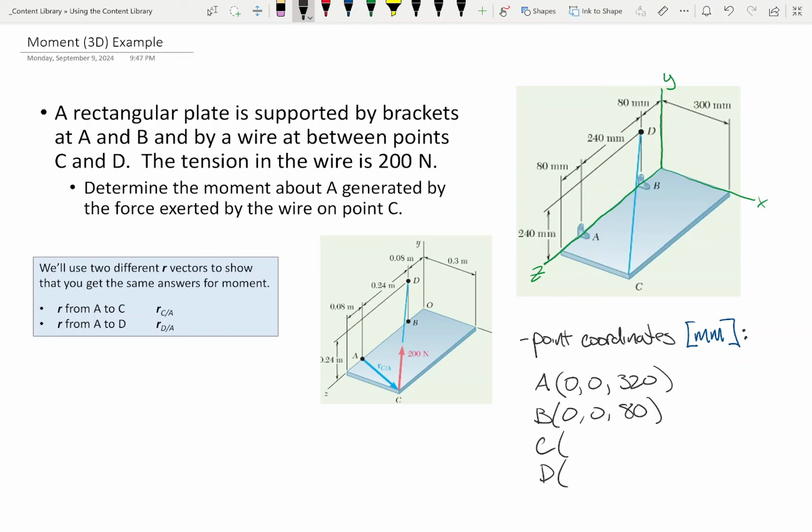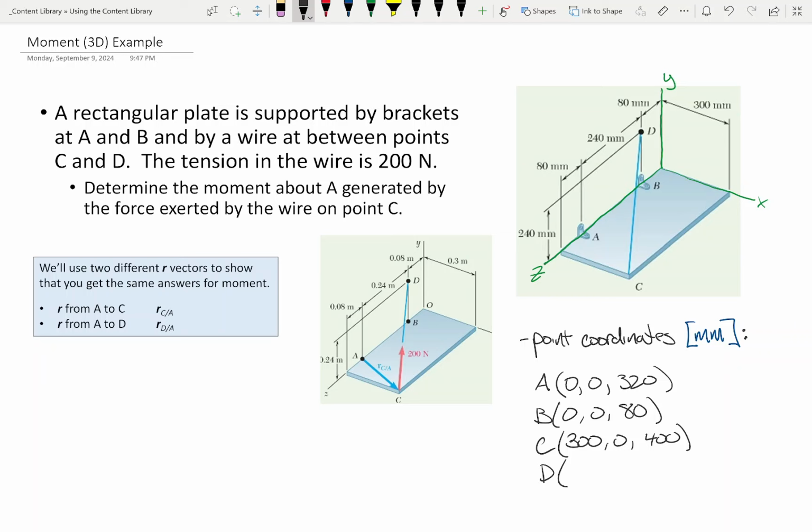What about point C? What are the coordinates of point C going to be? Is it 300, 0, 400? Exactly right. Okay, what about D? Do we have any x value?